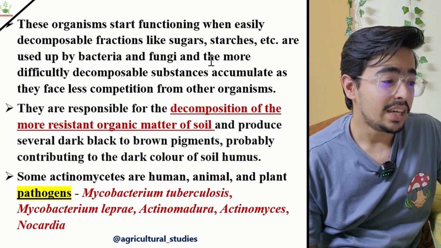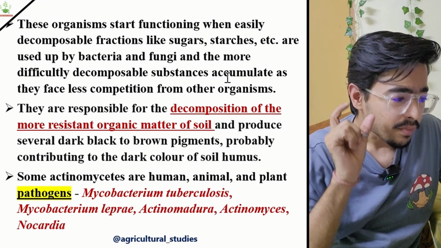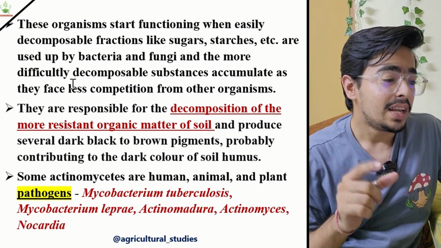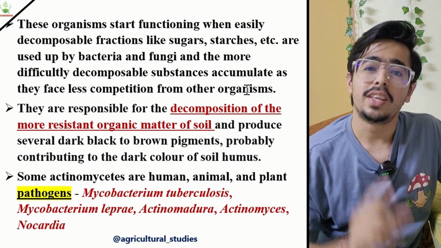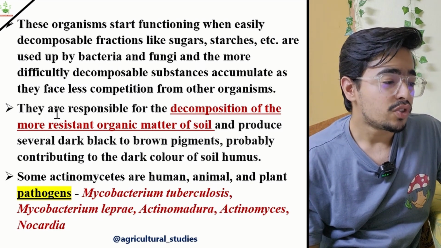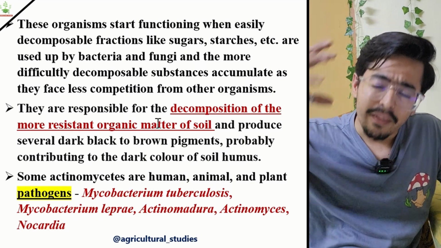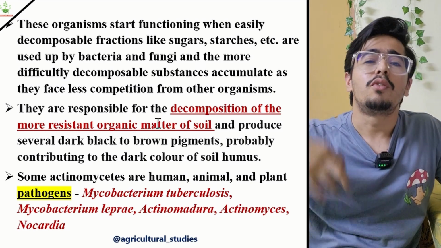The more difficultly decomposable substances accumulate, as they face less competition from other organisms. They are responsible for decomposition of the more resistant organic matter. Please note these points, they are very conceptual, they are really important for our knowledge.